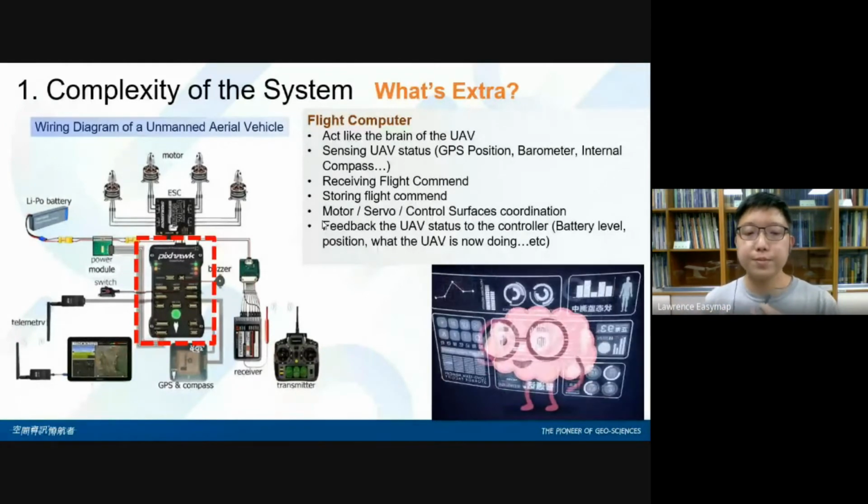The flight computer can also feed back the status to the controller, like the battery level, where the UAV is, and what it is now doing, etc. I will give you more information in the following video.